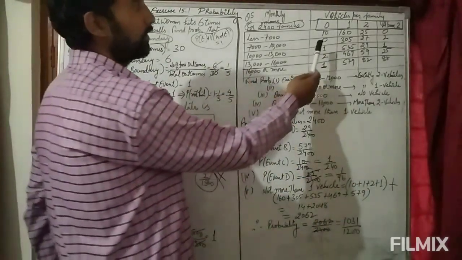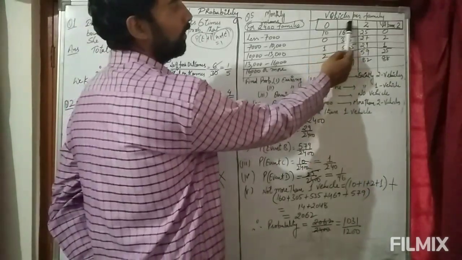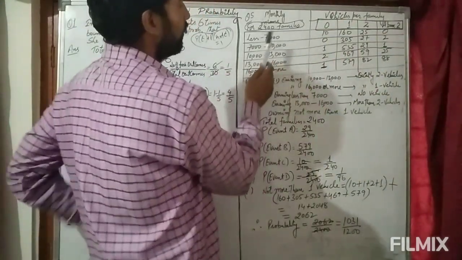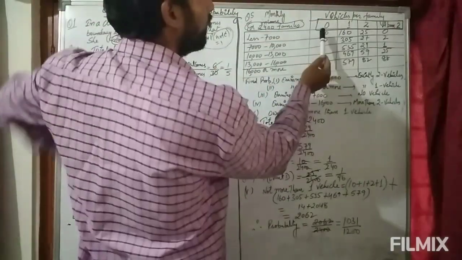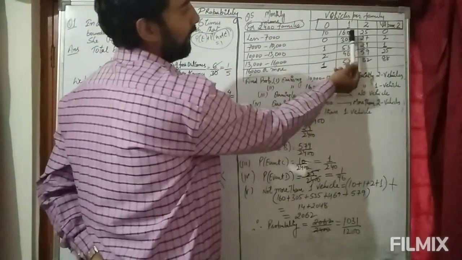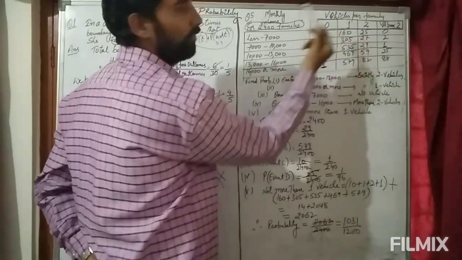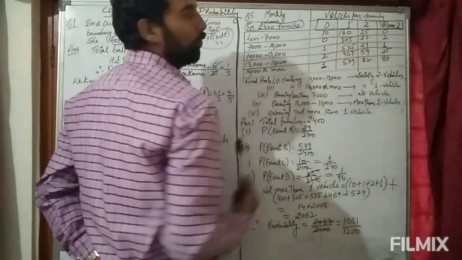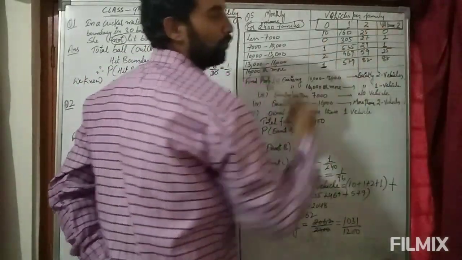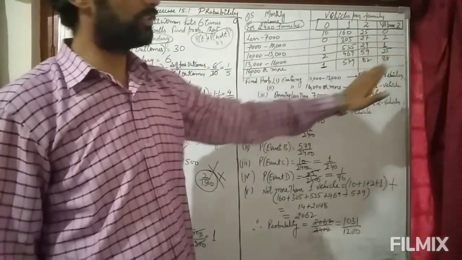And here I mention the number of vehicles: 0, 1, 2, or more than 2. In this category we have 10 families having 0 vehicles, 160 having 1 vehicle, 25 having 2 vehicles, and 0 above 2. So this is the table given in the question.